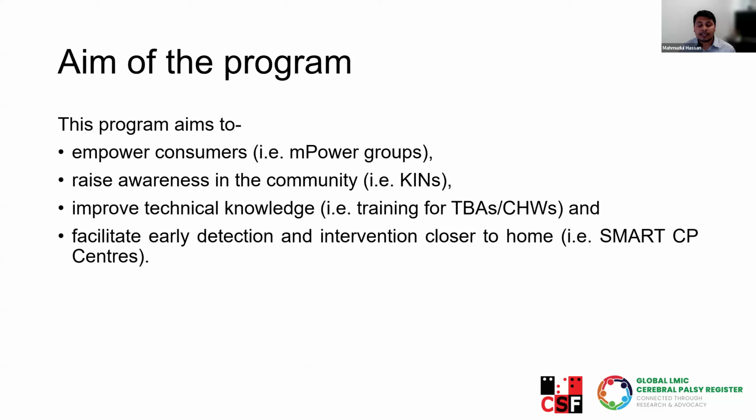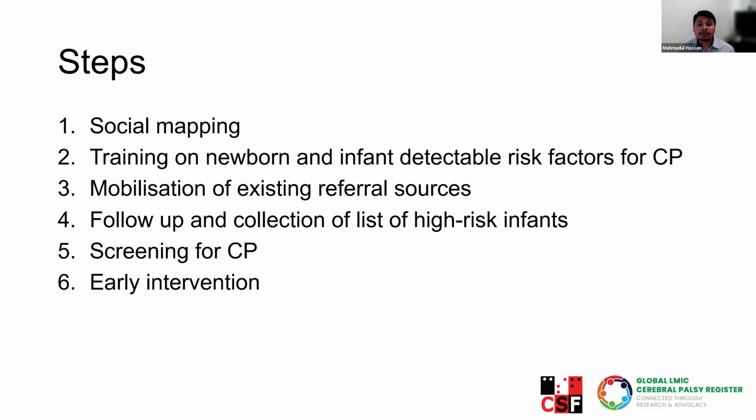Our early detection and early intervention program aims to empower consumers, raise awareness in the community about the risk factors of CP, improve technical knowledge of birth attendants and community health workers, and facilitate early detection and intervention closer to the home. There are 6 key steps in the early detection and early intervention program.